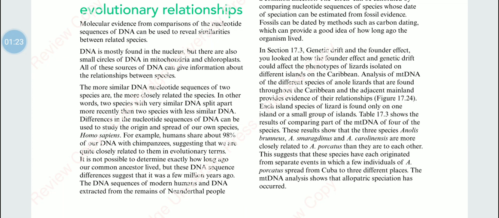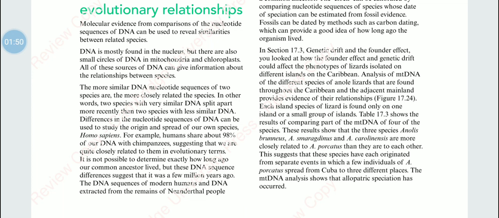So this is actually common for us and chimpanzees as well. We say that humans share about 98% of the DNA with chimpanzees. So that means we have had a very close relationship with chimpanzees in evolutionary terms. That doesn't mean that we came from the chimpanzees. We all have a common ancestor.